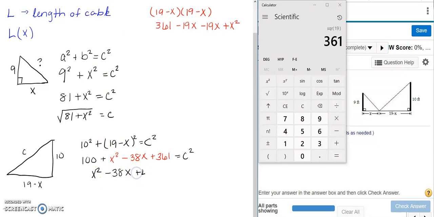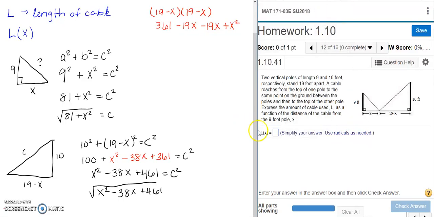So that's 461. We'll call that c squared. And just like before, I don't want c squared, I just want c. So really, we have the square root of that. Now, as ugly as this is, that's really as far as we can go. We can't simplify that anymore.